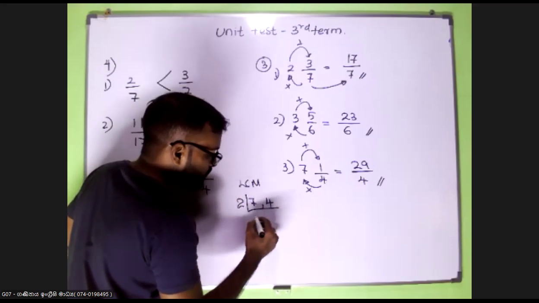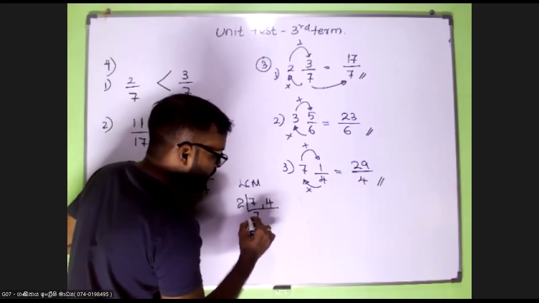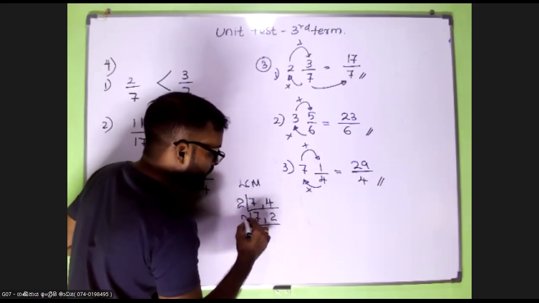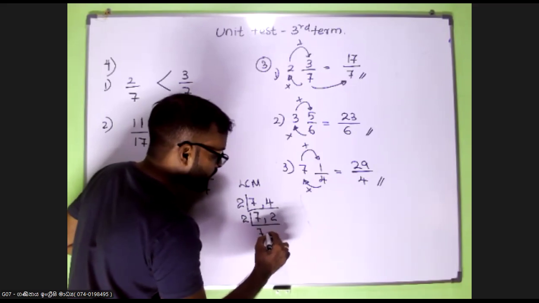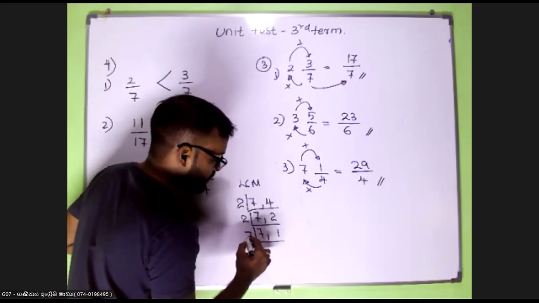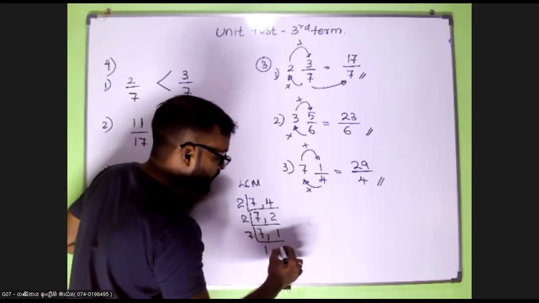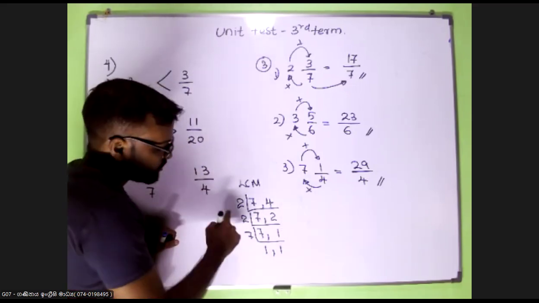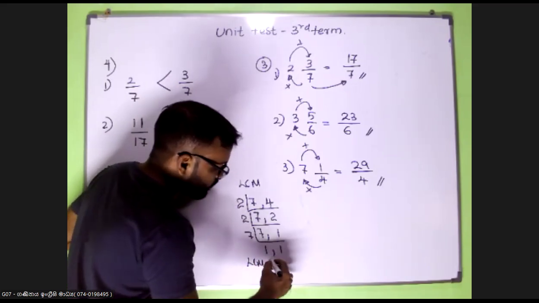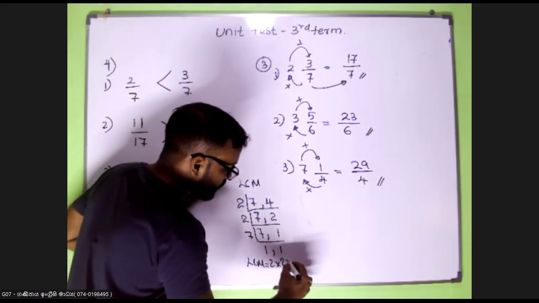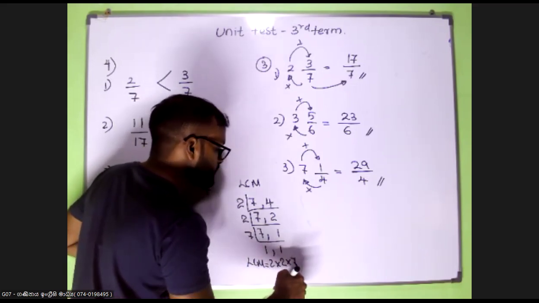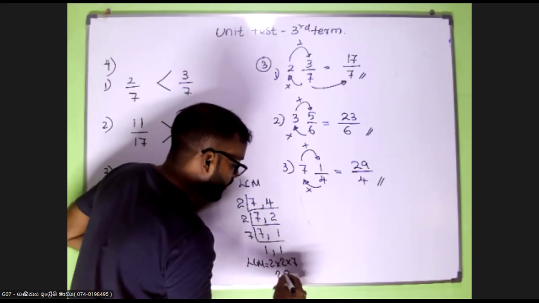There are no 2s for 7, so I have to write 7. 2 times 2, 4. Again, I can use 2. 7 remains. 2 times 1, 2. Then I can use 7. 7 times 1, 7, comma 1, comma 1. Right? So how do you find the LCM? 2 times 2 times 7. 2 times 2, 4. 4 times 7, 28.